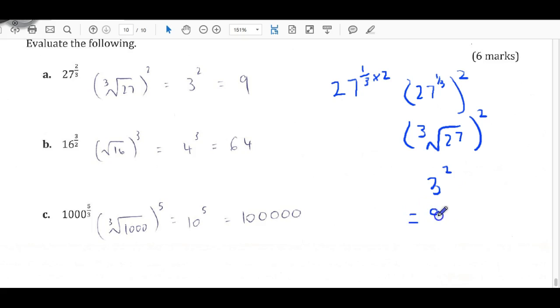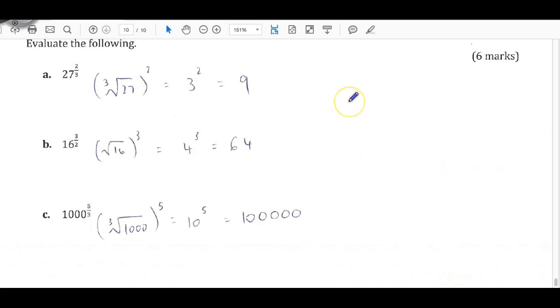So then that is equal to 9. Now, if you do it the other way around, whoops, let's just clear that. So if I said, all right, I'm going to separate it so it's 27 squared to 1/3, and there's nothing wrong with that, but good luck trying to do 27 squared and then doing the cubed root of that. So it's always, well, not always, but it's probably easier to do the root first.